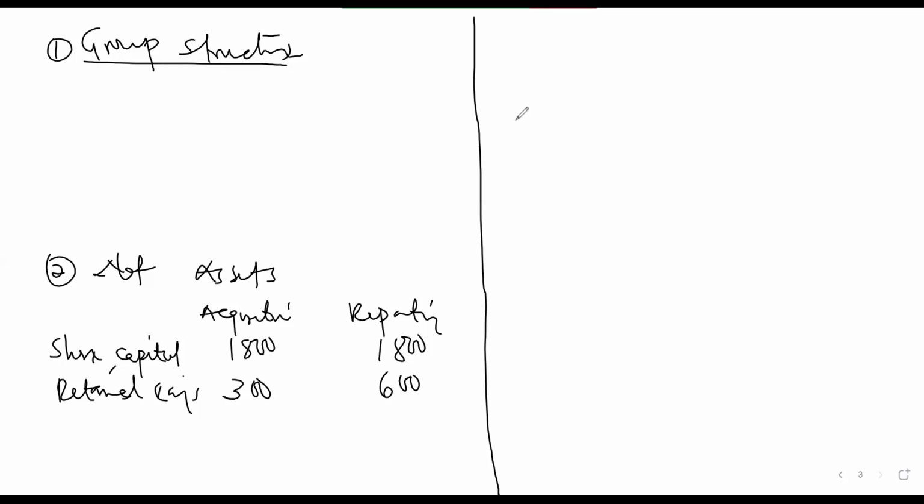Let's now count to, did they have other components of equity? No. Sometimes the question can give you other components of equity at the beginning, but if you look at the statement of financial position, they don't have any other component of equity at reporting. So they can say that their other component of equity at acquisition was 10, but at reporting it will be dash.